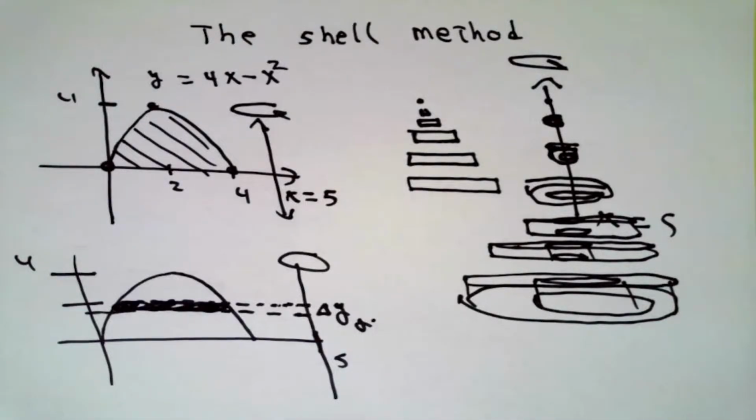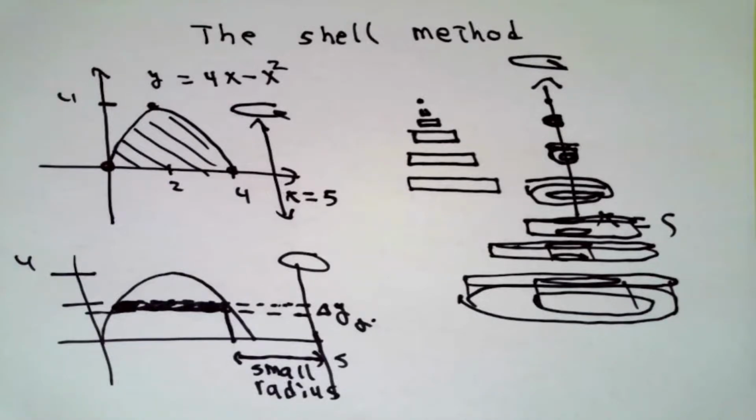For a given y value, typically there'll be two x values on the parabola to go with it. The inside radius is the horizontal distance from x equals 5 to as close to the axis of rotation as I can get. The small radius is 5 minus the x-coordinate of the right-hand end of that horizontal strip.